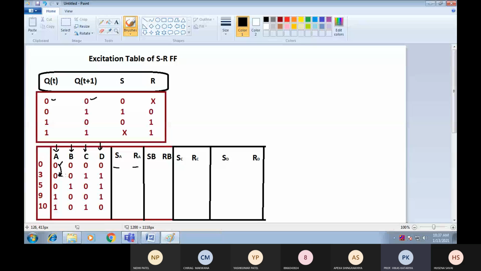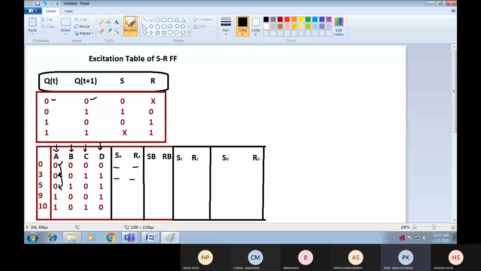In the same way, the next state becomes the present state. So present state is 0, next state is 0. It will generate the second sequence of SR flip-flop input A. For the next value, the next state becomes the present state.